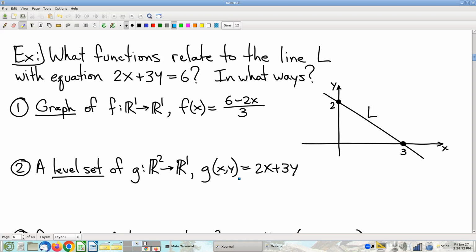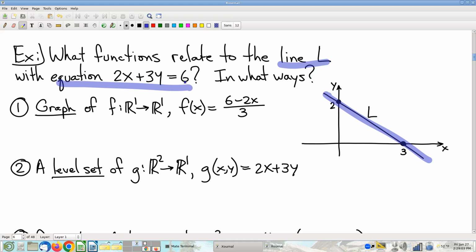So one picture, we're going to be looking at this line here, the line L, with this equation there. That line, is it a graph of something? Is it a level set of something? Are there any other functions that might relate to this curve, in some different way? So the answer is yes, there's actually a bunch of different functions that I can think of this as relating to.